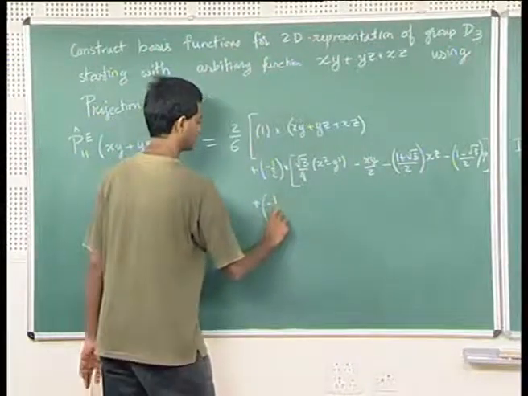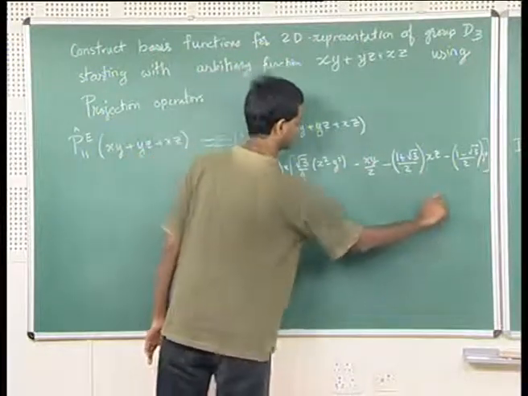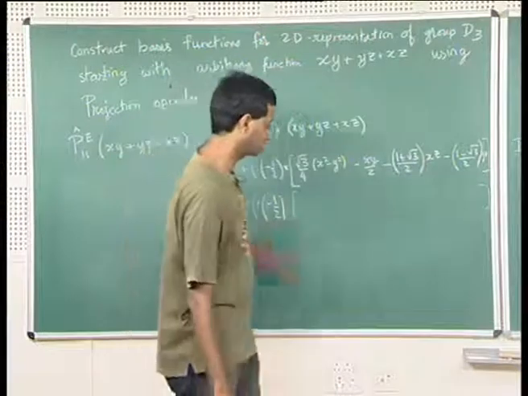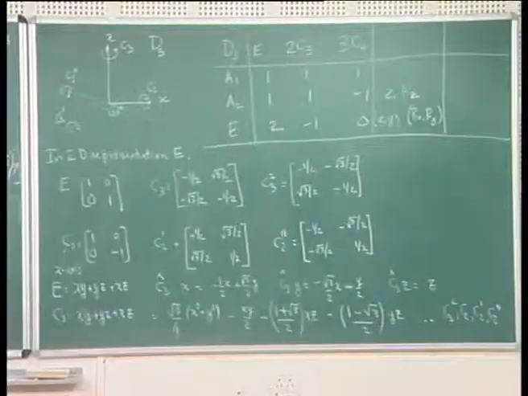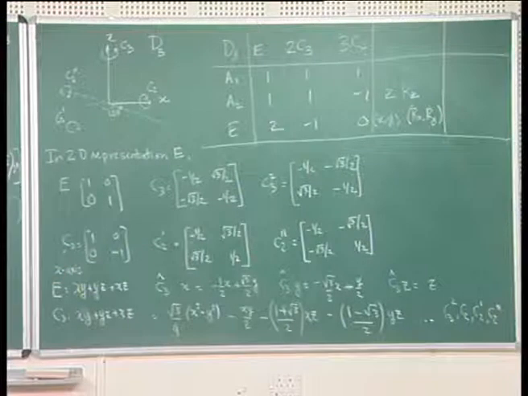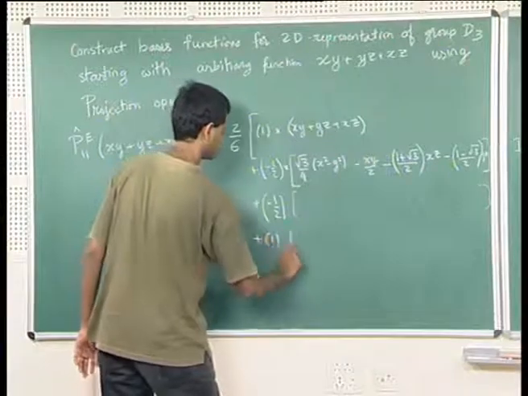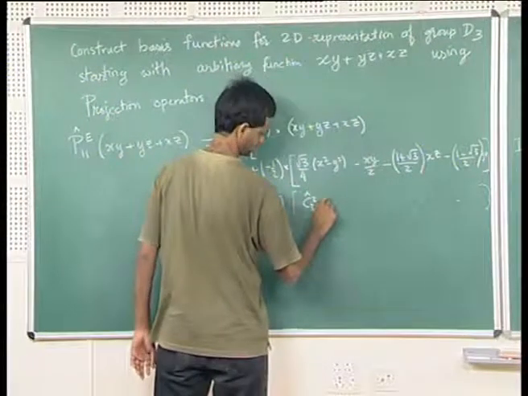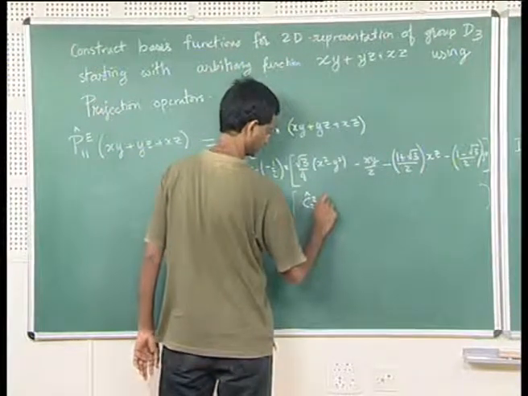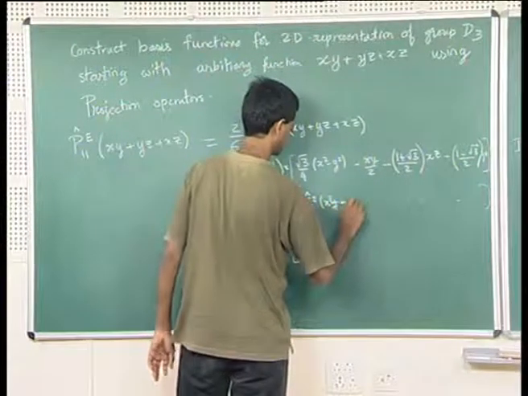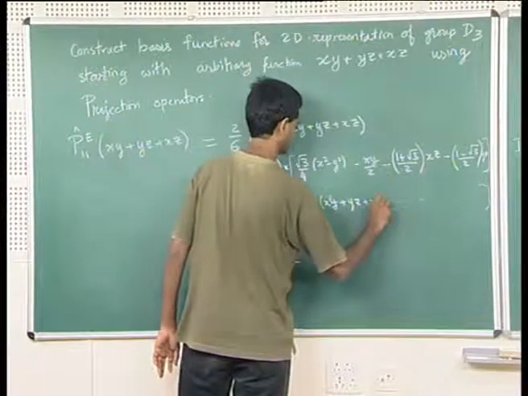So you will have minus half into again a sum of various terms. Then for C2, the 1 1 element is 1. So plus 1 into this is C3 square operated on xy plus yz plus xz.